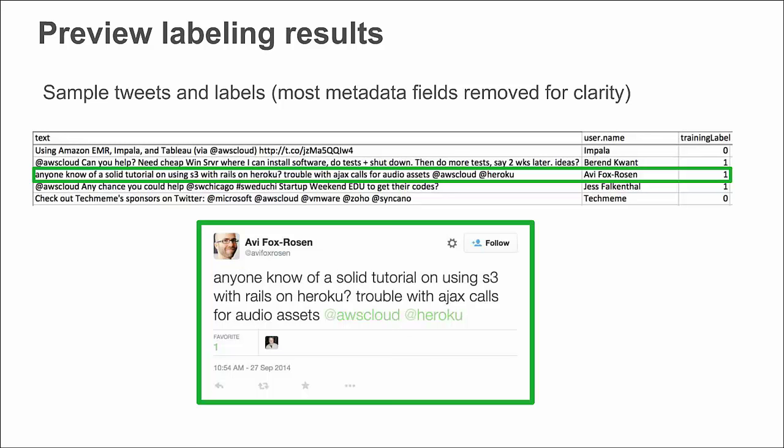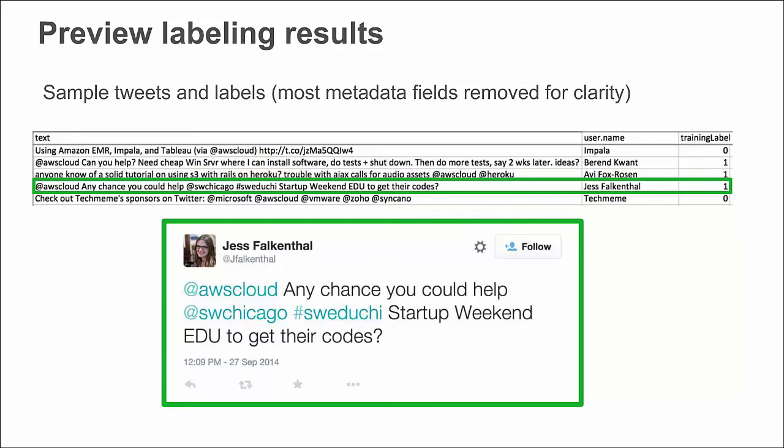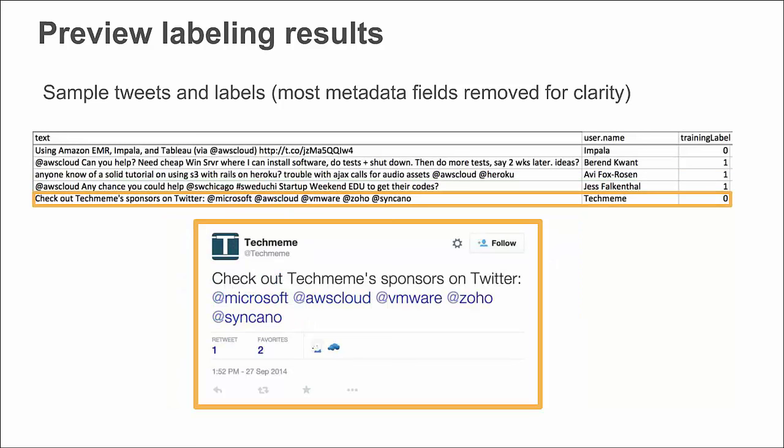Another example of a customer looking for a tutorial of how to build an application in AWS Cloud. Of course, customer service actionable. Another example of somebody reaching out to AWS Cloud directly to help with an event. Yes, it's actionable. And finally, an example where TechMeme is calling out all their sponsors on Twitter, of which AWS Cloud is one, not customer service actionable.